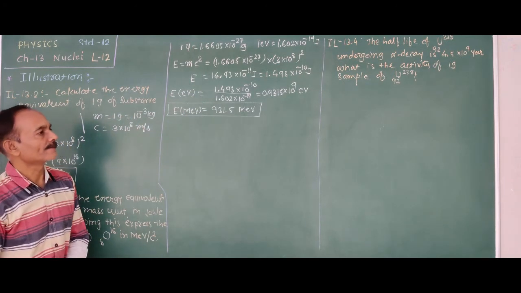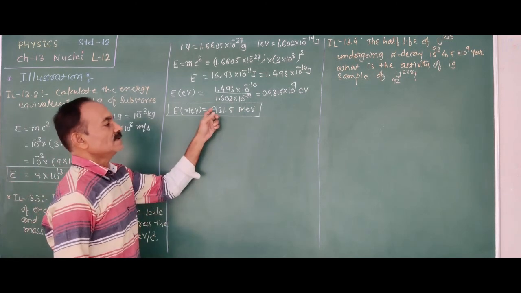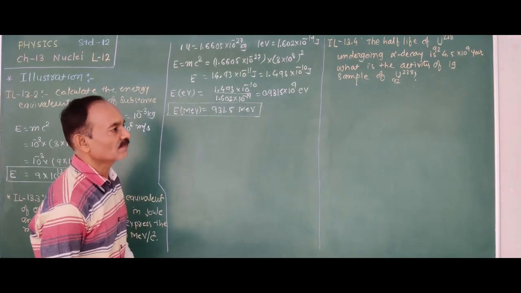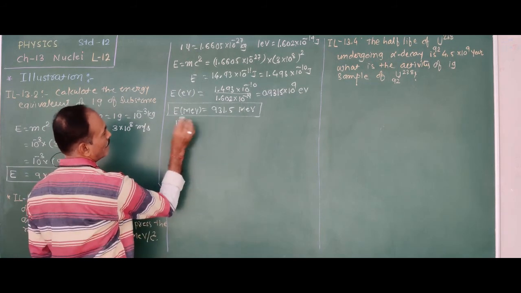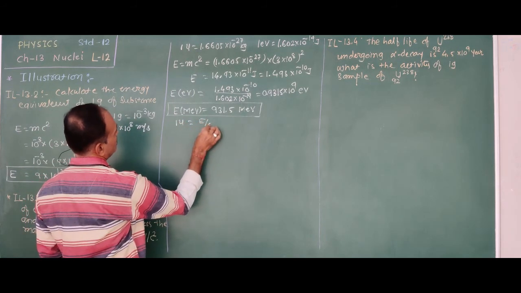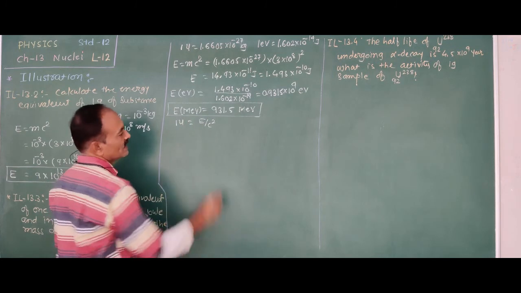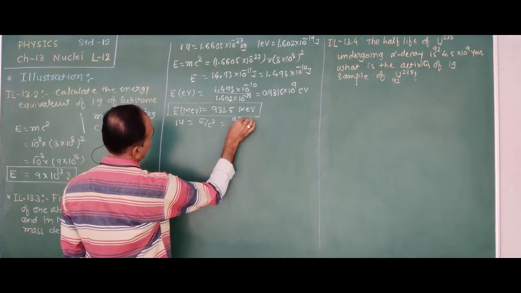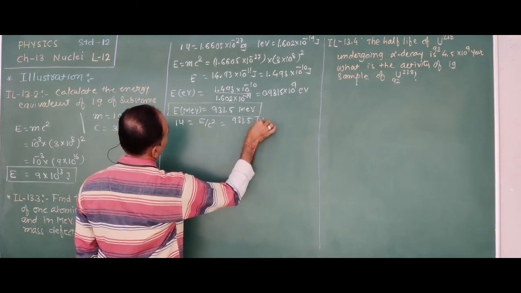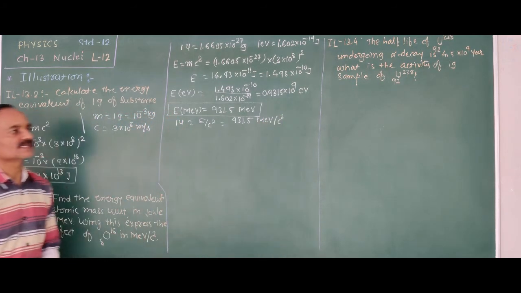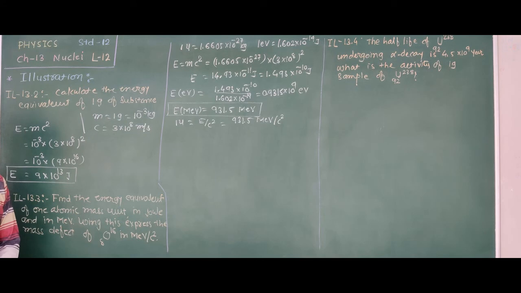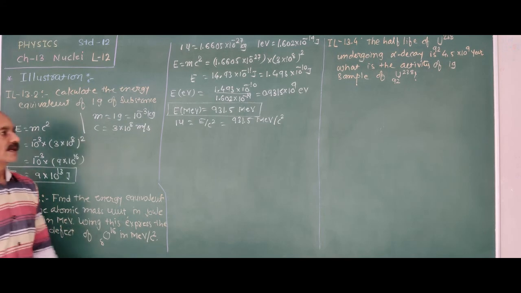Now, this energy is also written as: 1 atomic mass unit is equal to E upon c squared, therefore 931.5 MeV upon c squared.